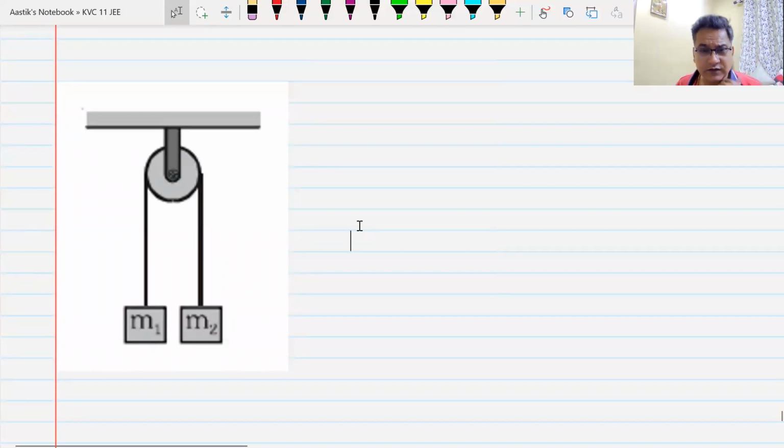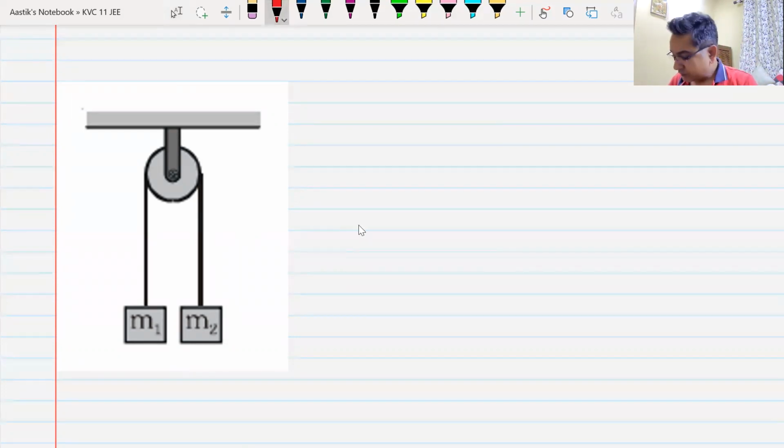Now remember, how did we get the acceleration in the earlier case? We took everything as one mass and got the value there. Now think how I'm going to do this. If you draw the free body diagram, the force trying to pull this side down is M2g.